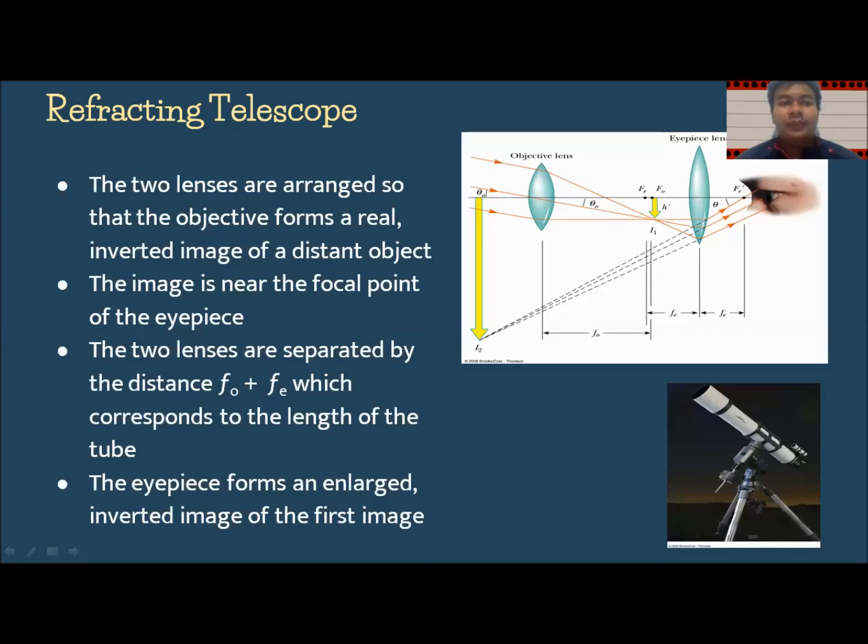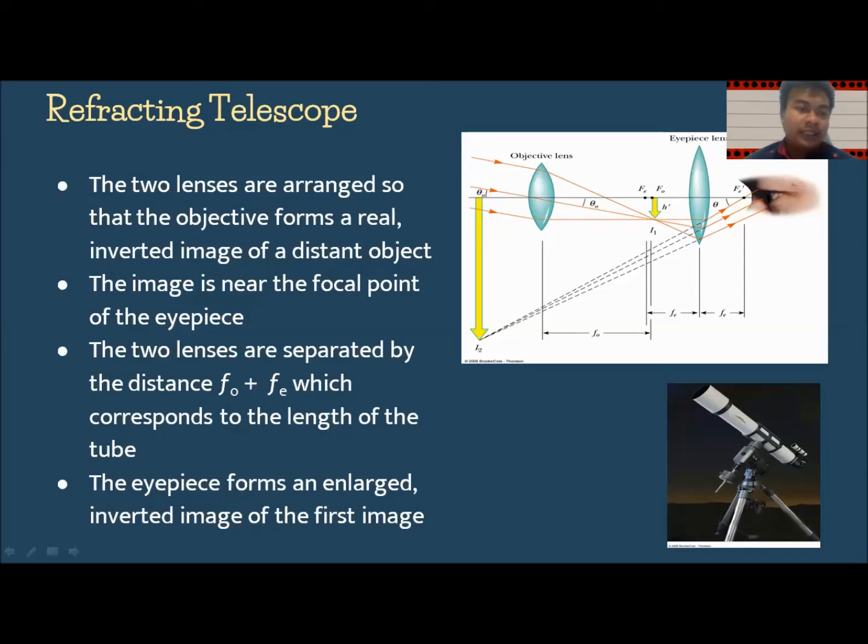Okay, we talk about the refracting telescope now. First, the two lenses are arranged so that the objective forms a real, inverted image of a distant object. The second is that the image is near the focal point of the eyepiece.